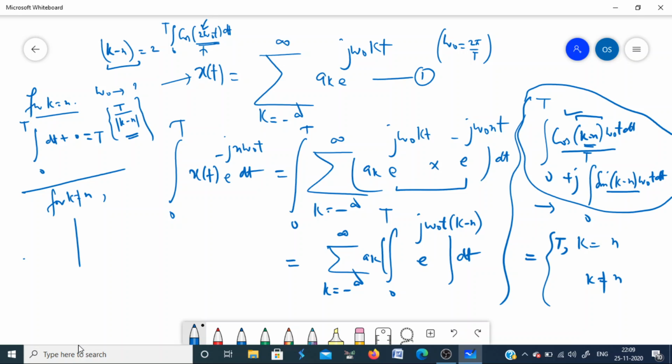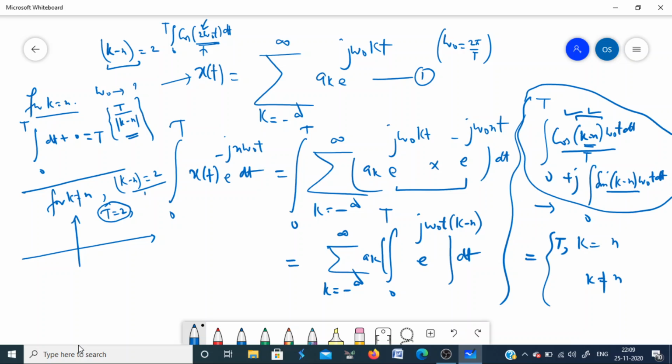It means if the original signal is repeating with a time period of T, this will repeat, for k not equal to n, with a time period which is T by k minus n. So it will have multiple cycles of sine and cosine functions, and you integrate over one time period. Now suppose T is equal to 2 is my time period, and k minus n is equal to 2.